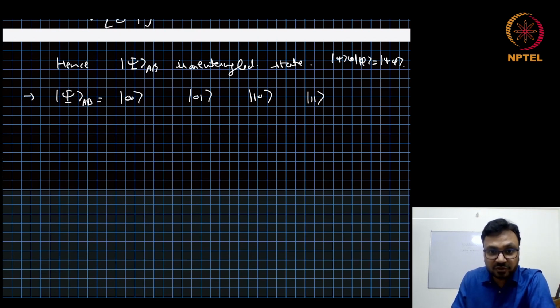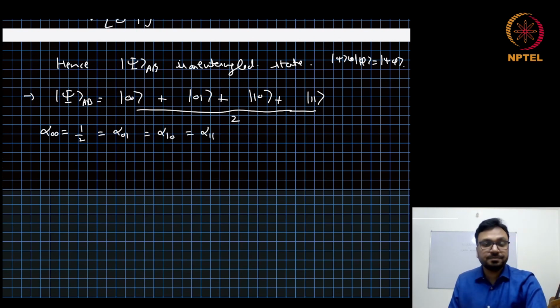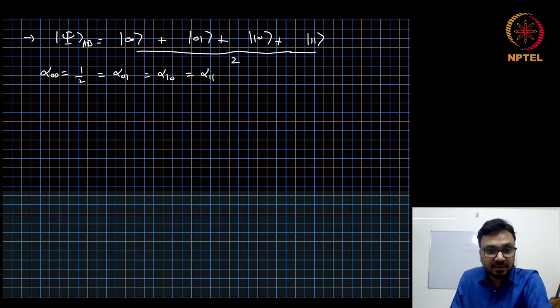Let us take the coefficients of this to be plus, and 1 over 2 for the normalization. So in this case, we have alpha 0 0 to be 1 over 2, alpha 0 1, alpha 1 0, alpha 1 1. So here the matrix A is 1 over 2 times (1, 1, 1, 1).